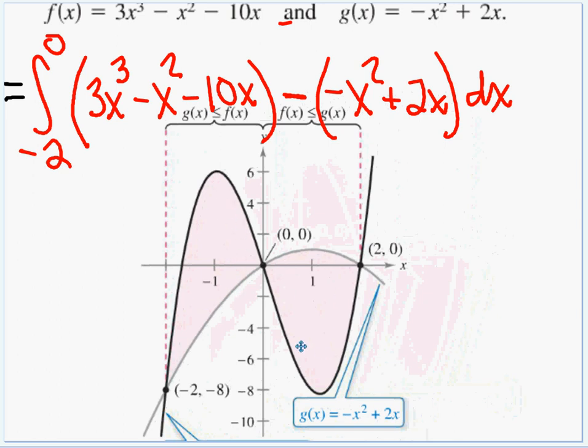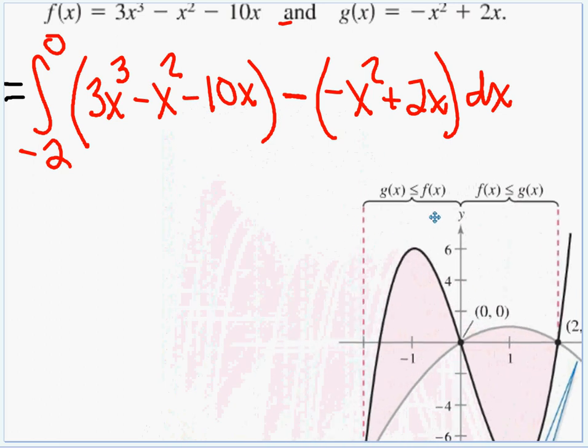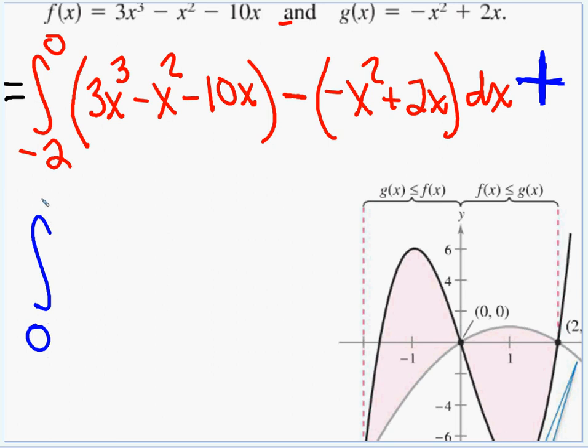Now when we switch at the origin, we're just going to reverse the order of our functions in the subtraction. And also, of course, we're going to have different limits. So here, this is our first bit of area. We're going to add to that another integral that goes from 0 to 2.